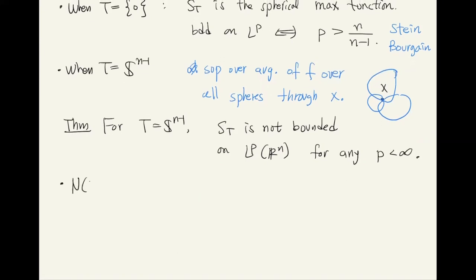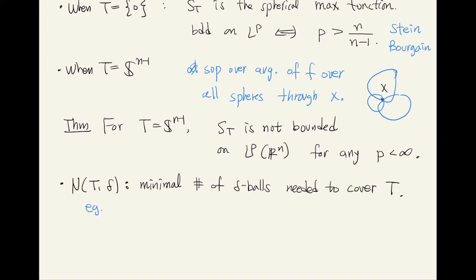So here we consider the delta covering number, which is defined to be the minimal number of delta balls needed to cover the set T. So for example, N of S^(n-1) at scale delta should be about delta^(-(n-1)), because the dimension is n minus 1.